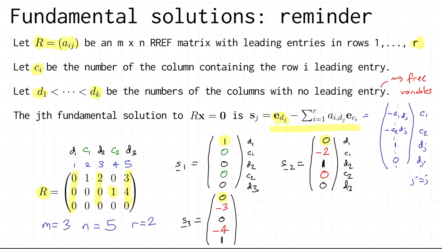And the D2 row is going to be 1 here and 0 in the other fundamental solutions. And the D3 row would be a 1 here and a 0 in the other fundamental solutions. So the fundamental solutions fit into the simple linear independence criterion using the rows D1, D2, D3 up to Dk as the places where there is a non-zero entry in one of the vectors and 0 entries in all of the others.